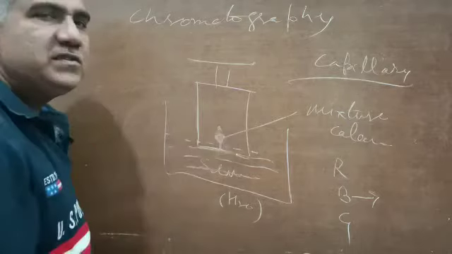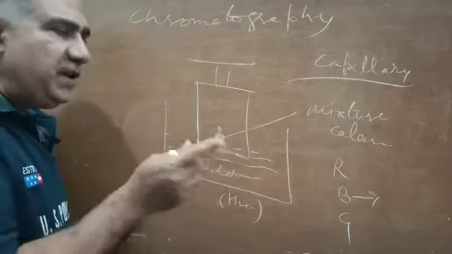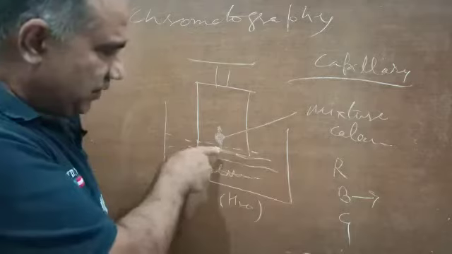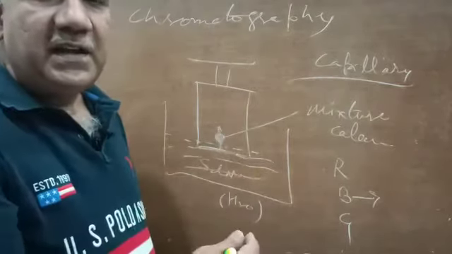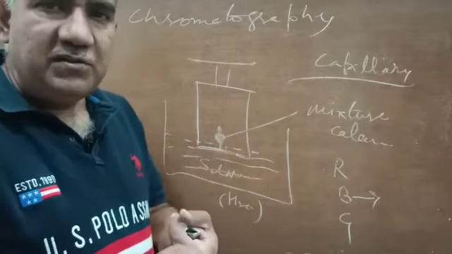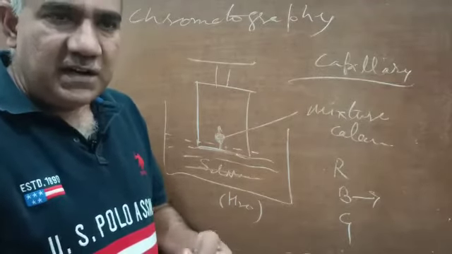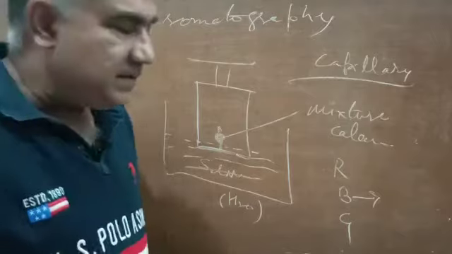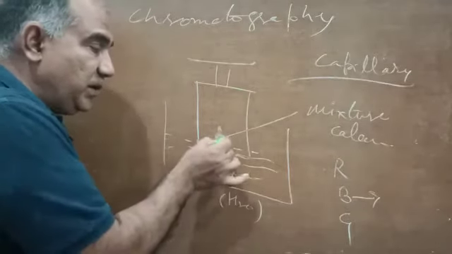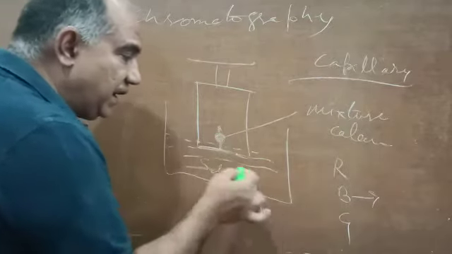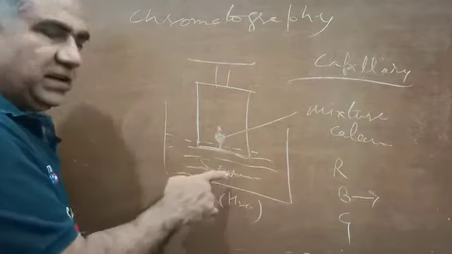You will not be able to separate the components. You will be able to separate the three components only when their solubilities are different. That means one of them must get dissolved in water first, another one later, and yet another one after that. So the principle, as we said, was that solubilities must be different, and every component must be soluble in the same solvent.